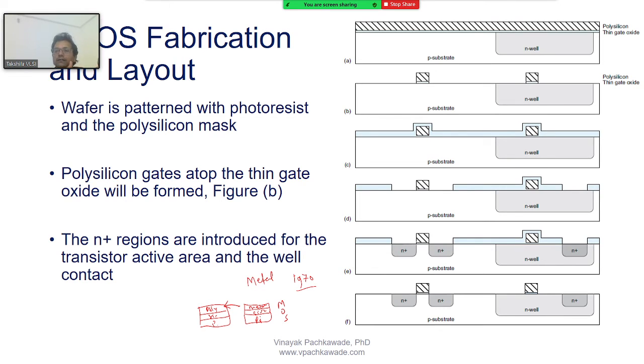Growing the polysilicon requires less temperature. Growing the metal as a gate requires high temperature processing steps. So those could be the reasons, and there could be some additional reasons also for using polysilicon for gate.